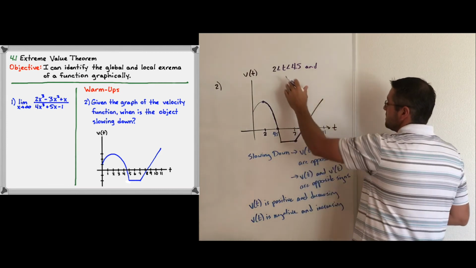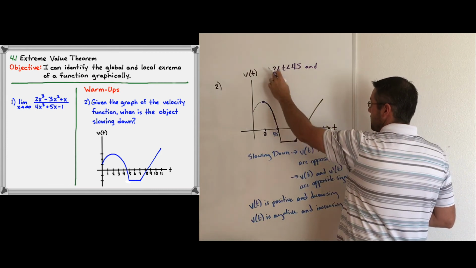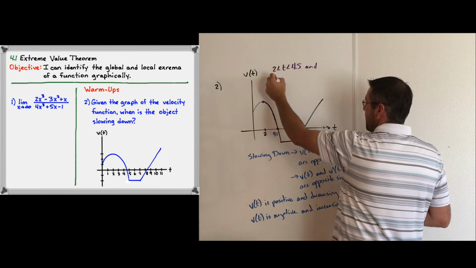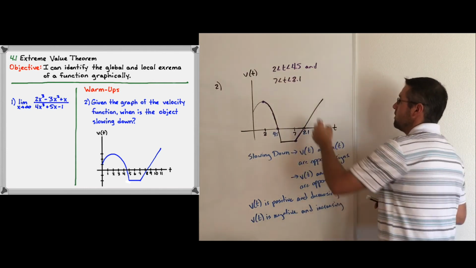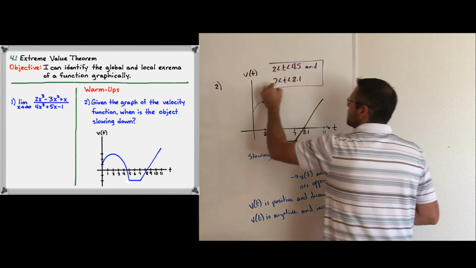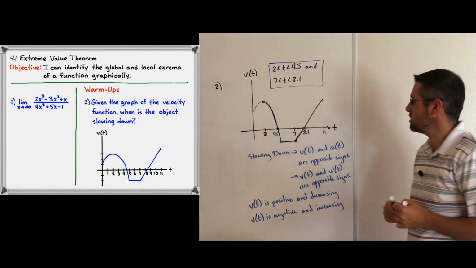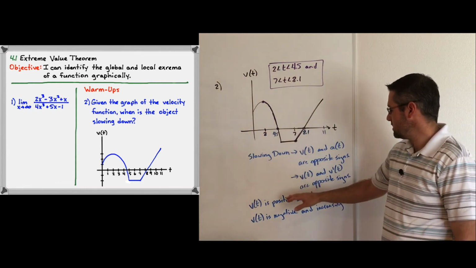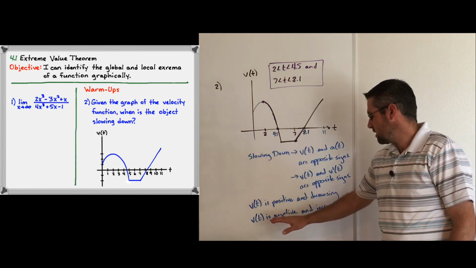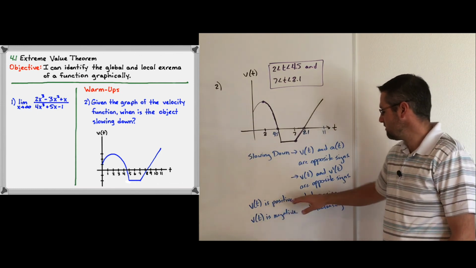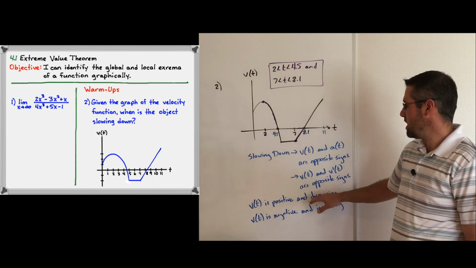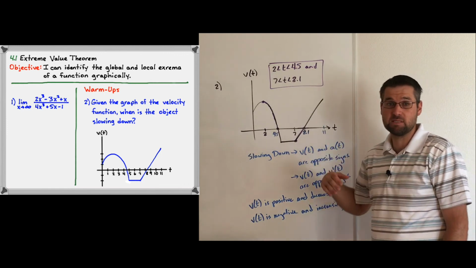So we would say velocity and acceleration are opposite signs from 2 to 4.5 and from 7 to 8.1 or 8.2, however we say that. So this is our answer for number 2. And our justification is because velocity is negative and increasing, or velocity is positive and decreasing, which implies that velocity and acceleration have opposite signs.